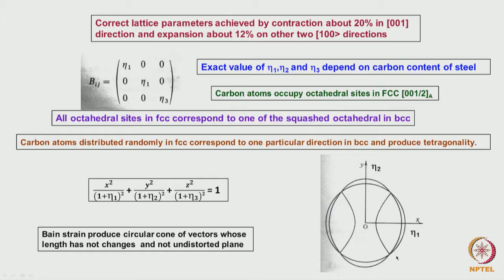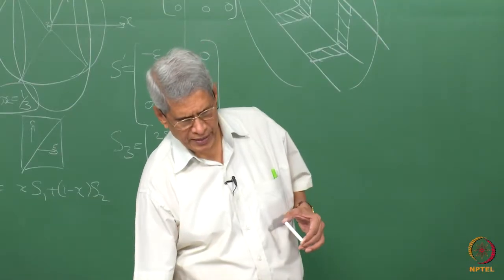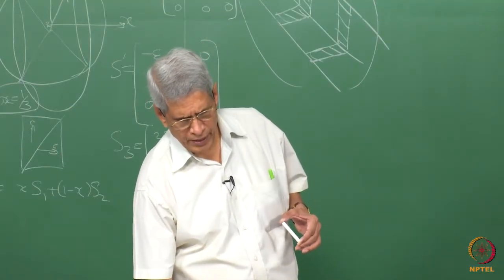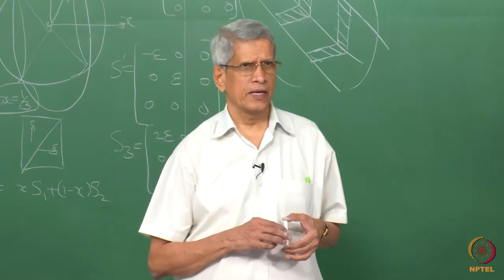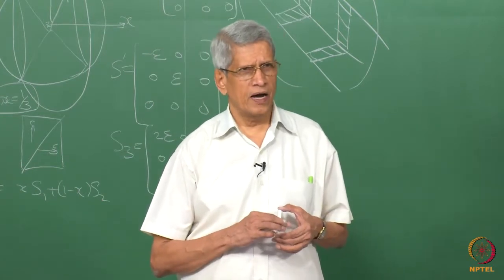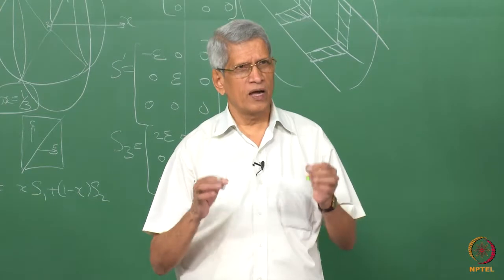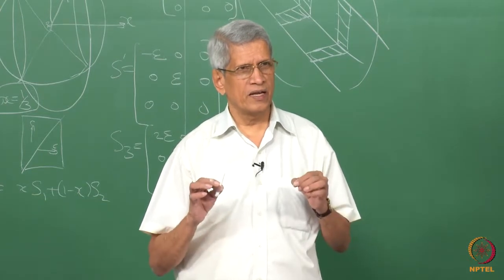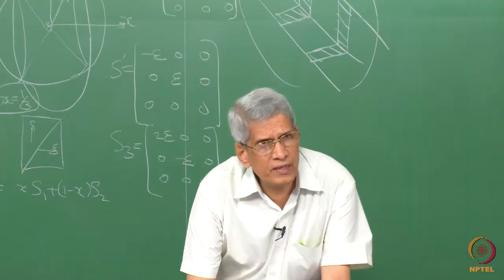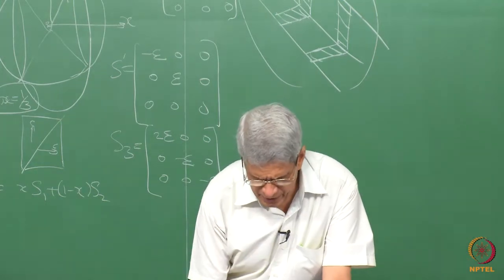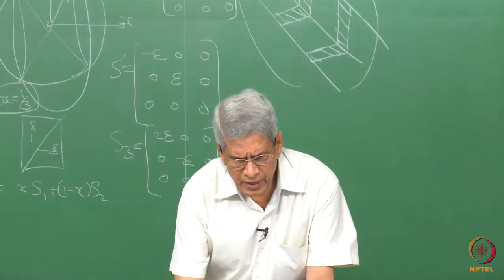It will be two circles which intersect the sphere and the ellipsoid. Those circles are nothing but the locus of all the vectors which are undistorted, using this transformation.